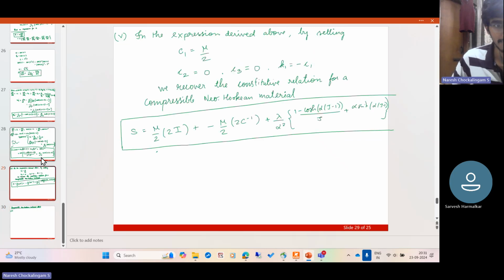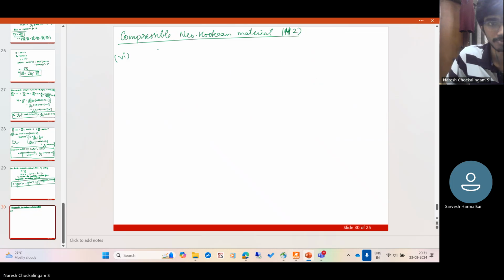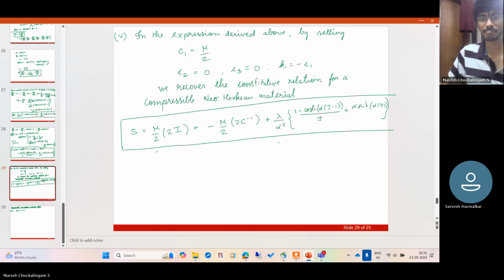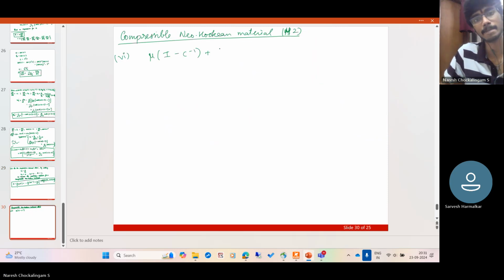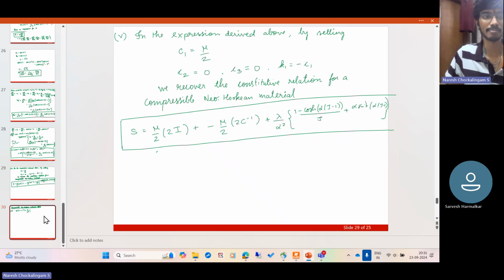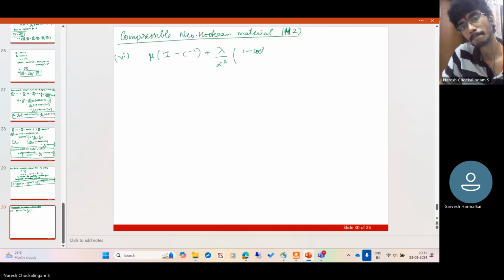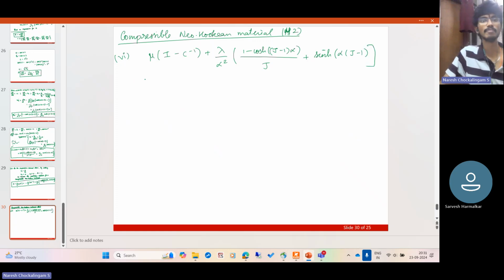The 2 gets cancelled, and we get mu multiplying I minus C inverse, plus lambda by alpha square, where alpha is some parameter, times 1 minus cos hyperbolic of alpha J minus 1, multiplying alpha divided by J, plus sine hyperbolic of alpha J minus 1. So this is our material model.